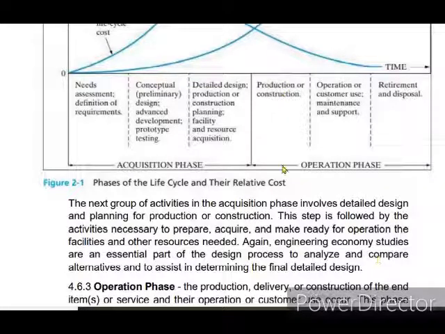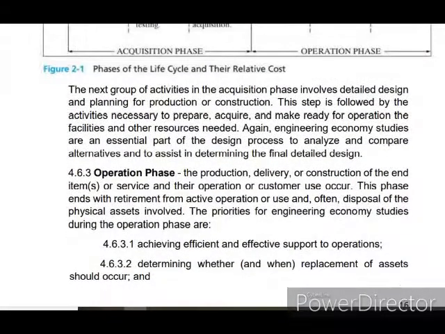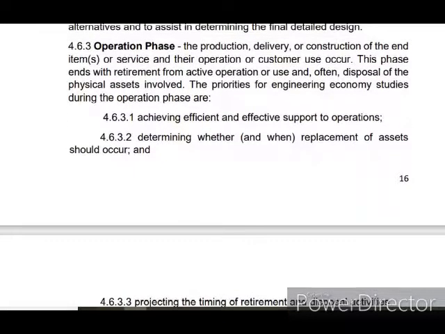Okay, because it is the next step, it is in preparation of that. So again, engineering economy studies are an essential part of the design process to analyze and compare alternatives and to assist in determining the final detailed design. So all of the processes contribute to the final detailed design.